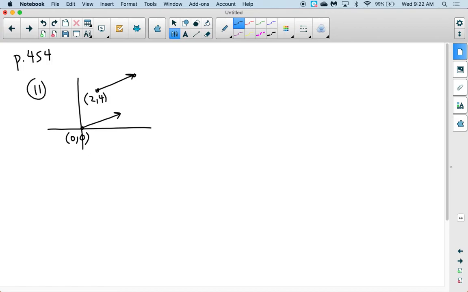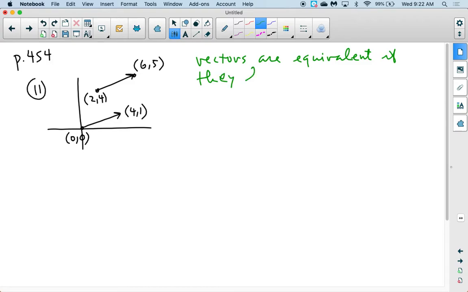So let's demonstrate that here. All right, so I'll write that. That's worth writing. Vectors are equivalent if they have the same magnitude and direction.